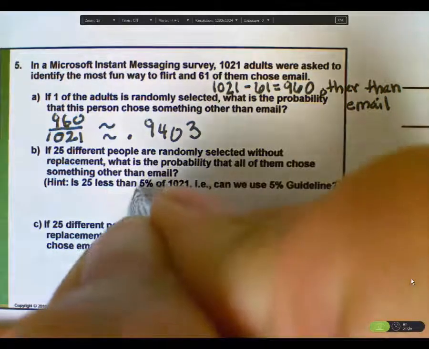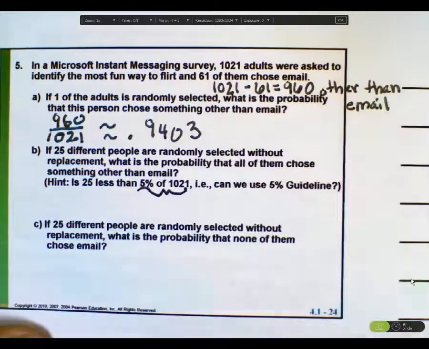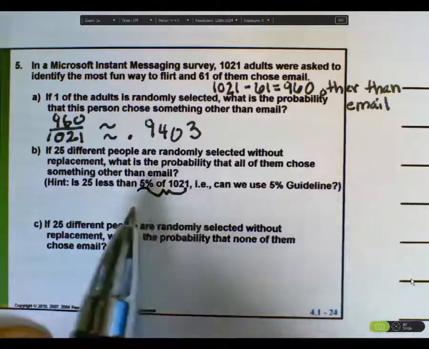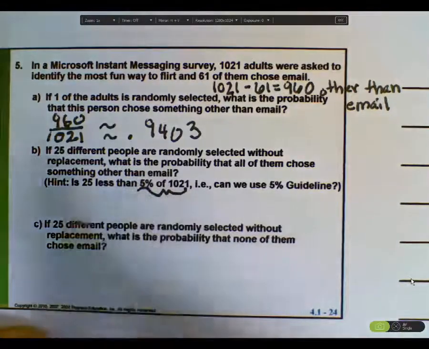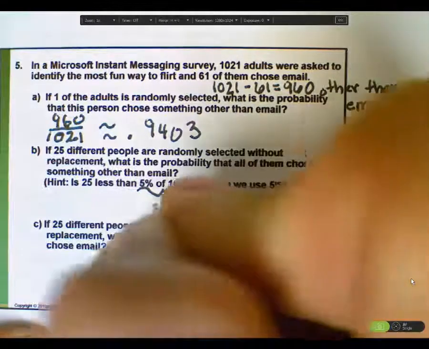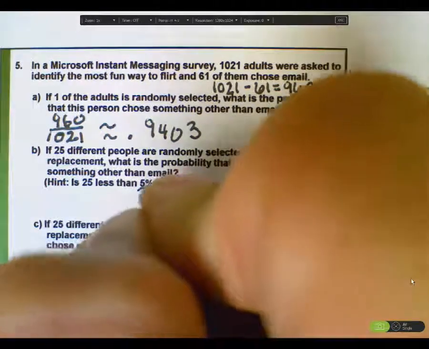5% of 1,021 is about 10%, and then half of that. Huh, not doing so great in my head right this minute. That's about 51 people.